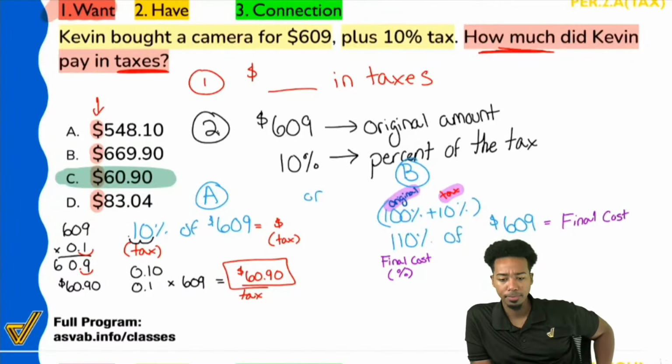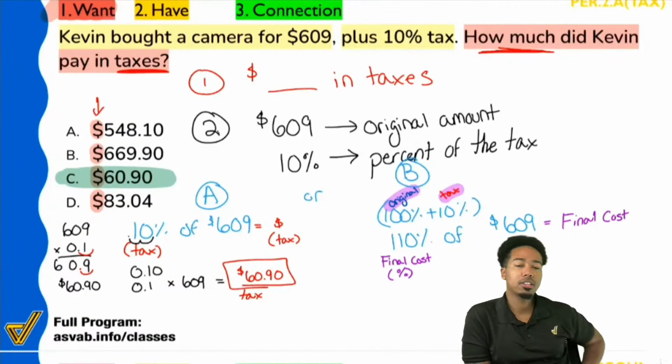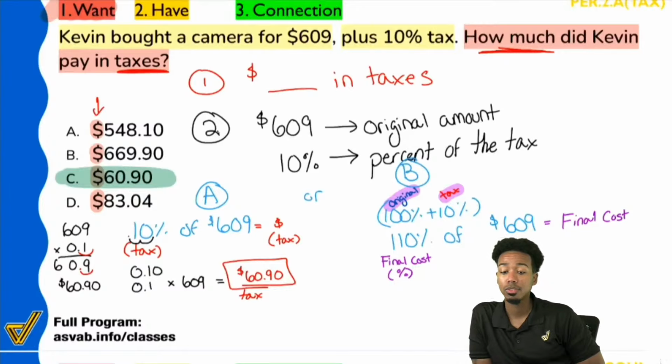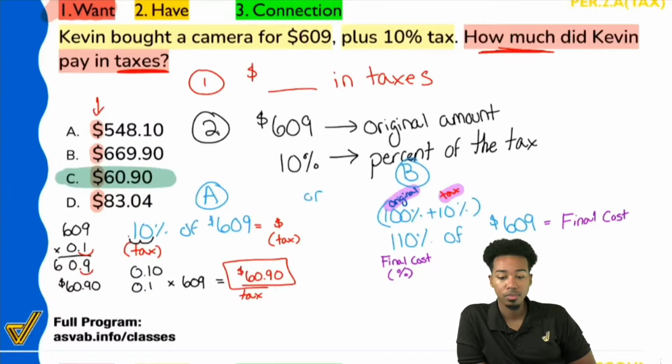Okay, adding, great. If we're trying to find the final amount after applying a discount, are we adding or subtracting from 100%? Right, we subtract from 100%.